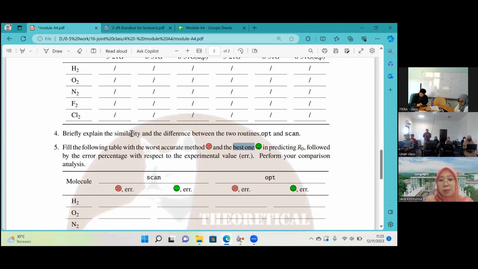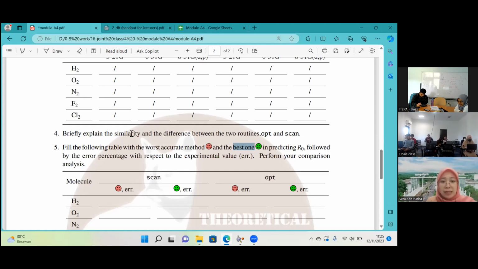So you can compare anything in terms of time, in terms of maybe difficulties or the result or etc. So a lot of things you can compare between these two routines.